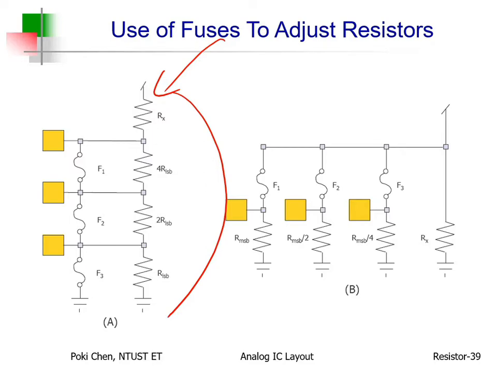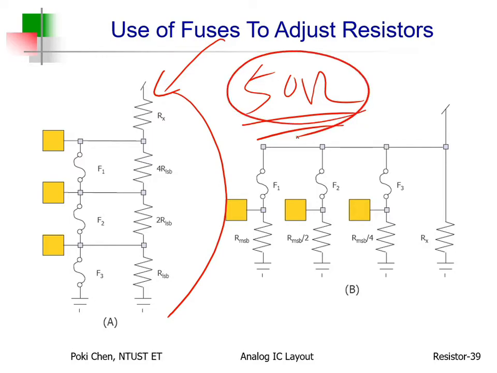A very good example is for termination. A terminator usually needs exactly 50 ohms. How can you fabricate such kind of resistor with exactly 50 ohms?